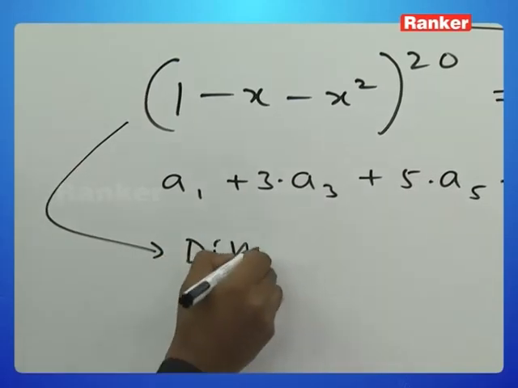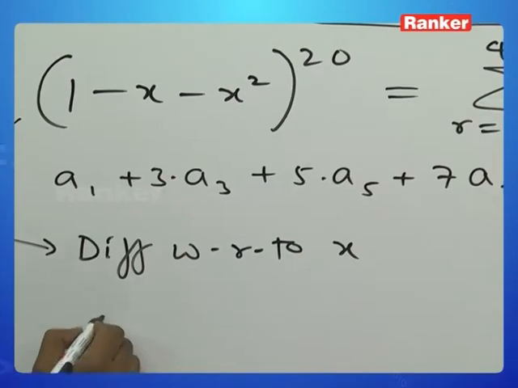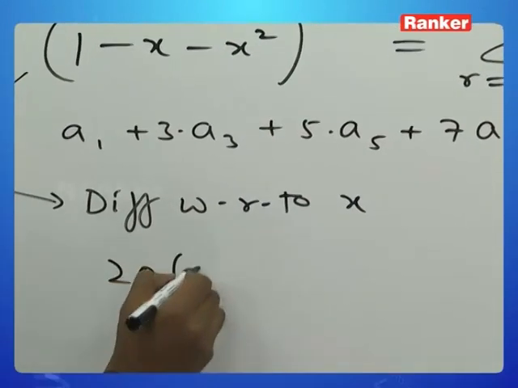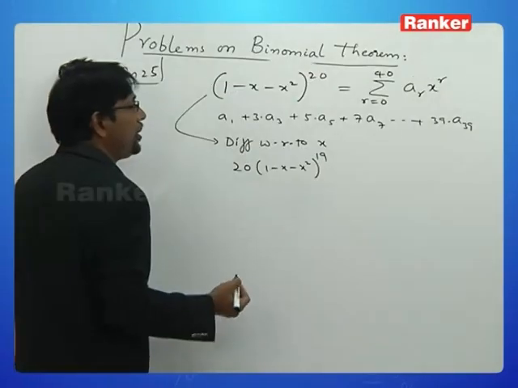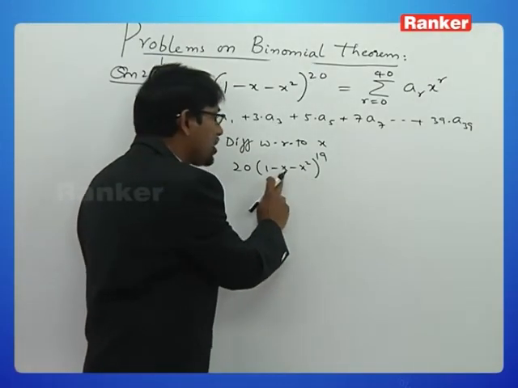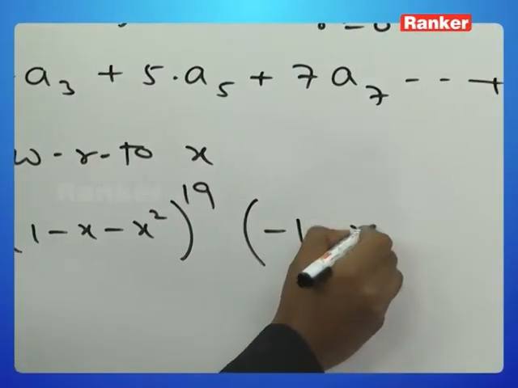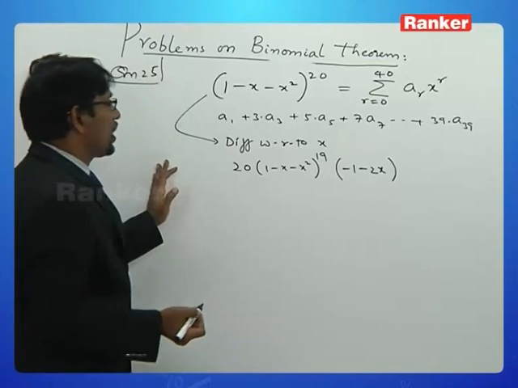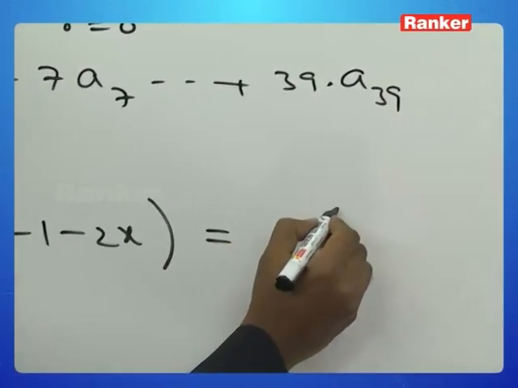Differentiating with respect to x, both sides. We have 20 into 1 minus x square raised to the power 19 into the derivative of this 1 minus x square. What is that? Minus 2x. And what do you have on the right hand side?